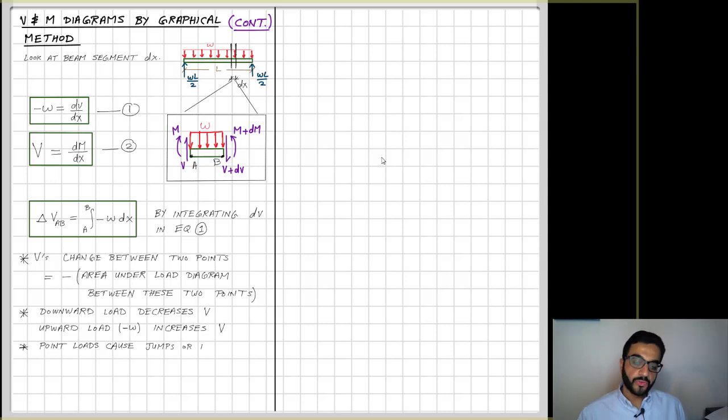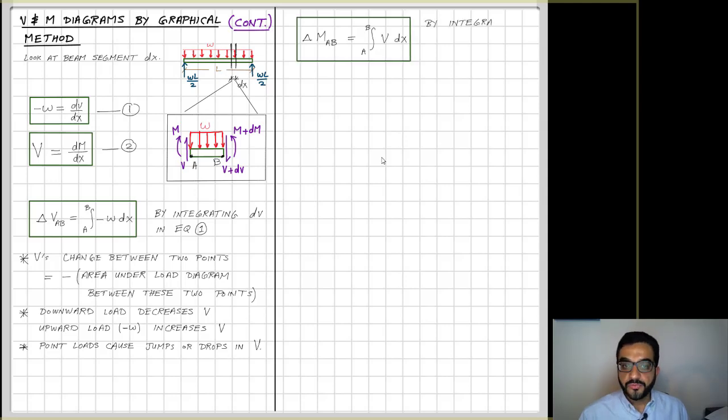And then also remember, we'll have some exception that point loads cause sudden changes in V, so jumps or drops in V, like we'll see in examples later. Now if I look at the second relationship and do a similar integration to figure out the difference in the moment between two points, it will be equal to the integration of the shear diagram curve between these two points.